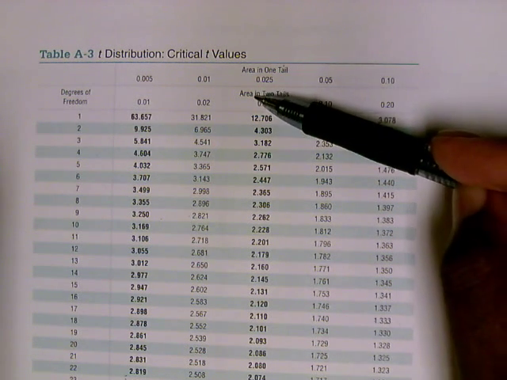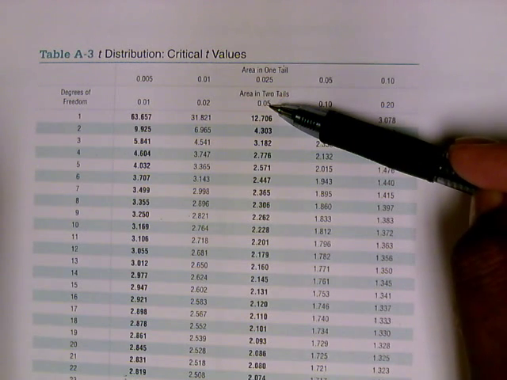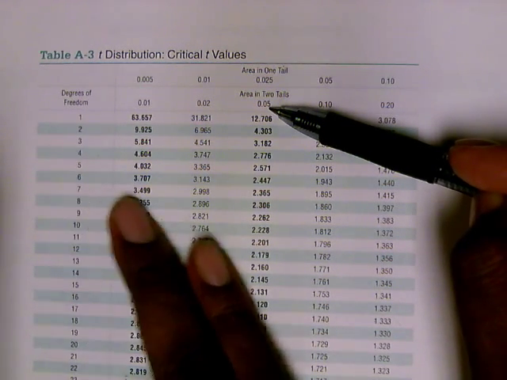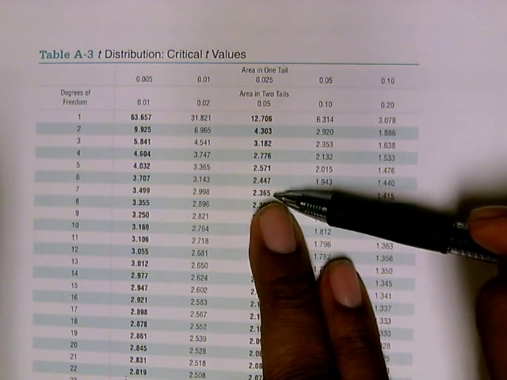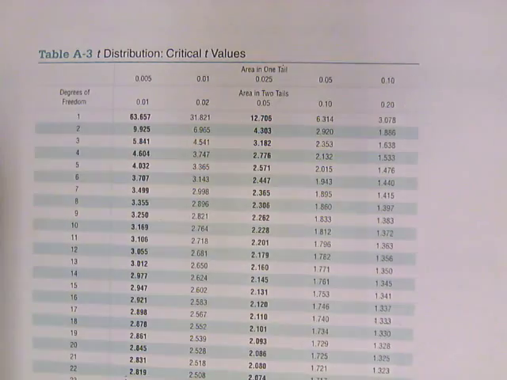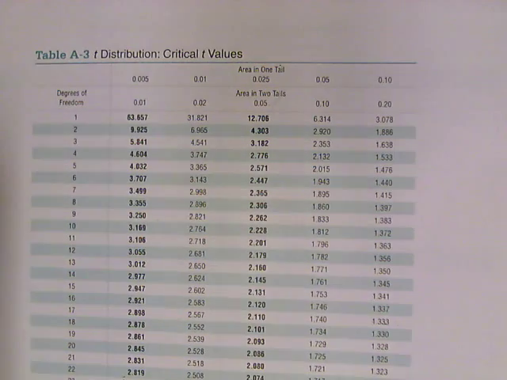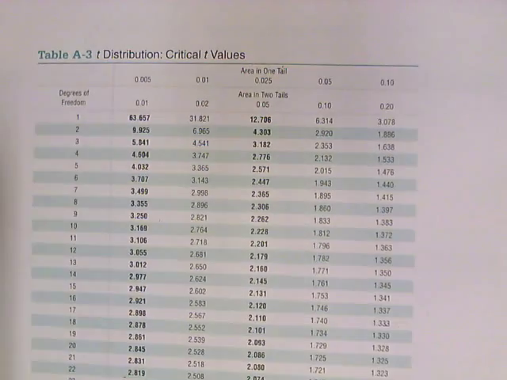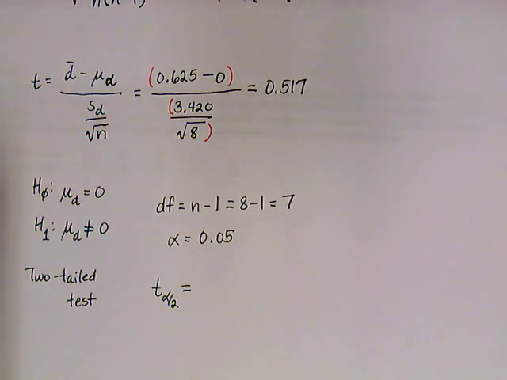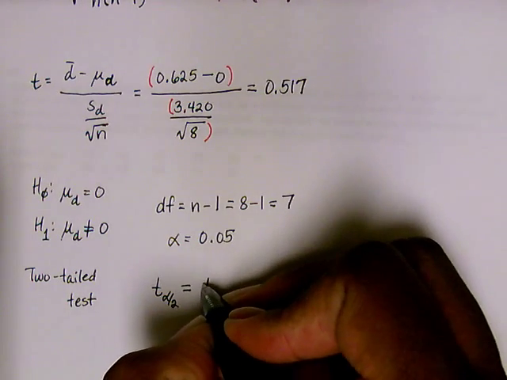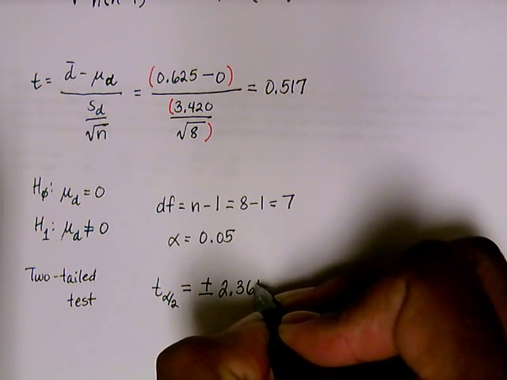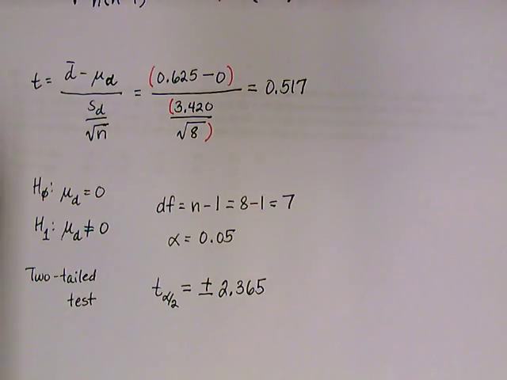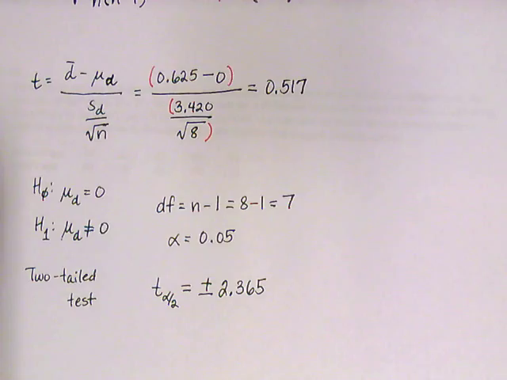If you read across from 7 and down that column, you'll see that 2.365 is the critical value for 7 degrees of freedom at the 0.05 significance level in two tails. Since it is a two-tailed test, I must use plus or minus. So my critical t-value will be plus or minus 2.365.